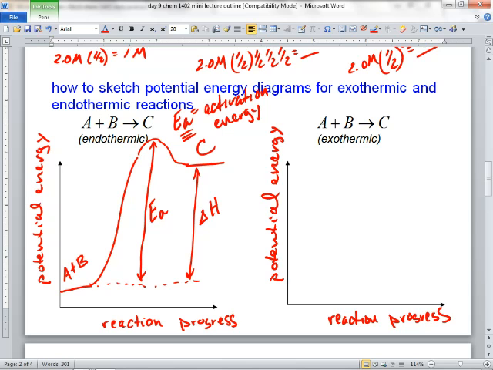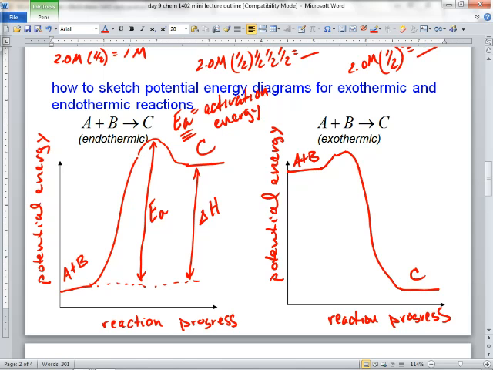So you end up way down here. There you go. Just flip. The other guy goes high. You start out with a high energy, end up with a low energy because you had to release all this heat. Things get hot. So A plus B, that's where we start out. C are our products. Draw your hump. Don't draw a straight line. And draw in those two arrows for those two energies.